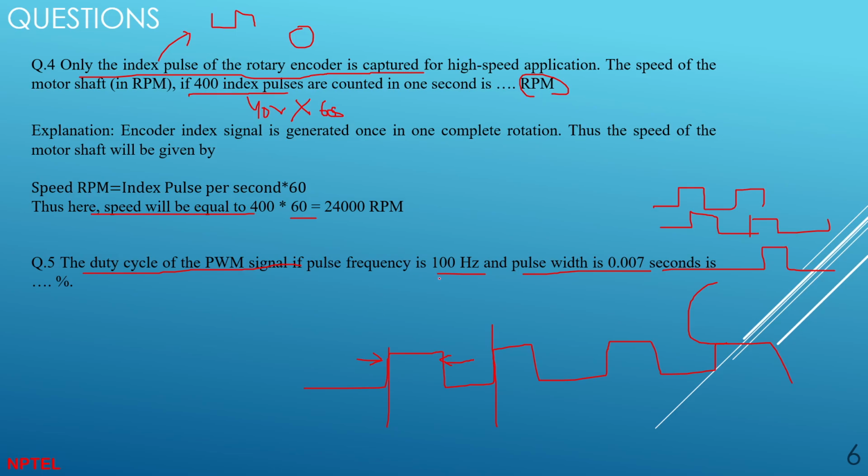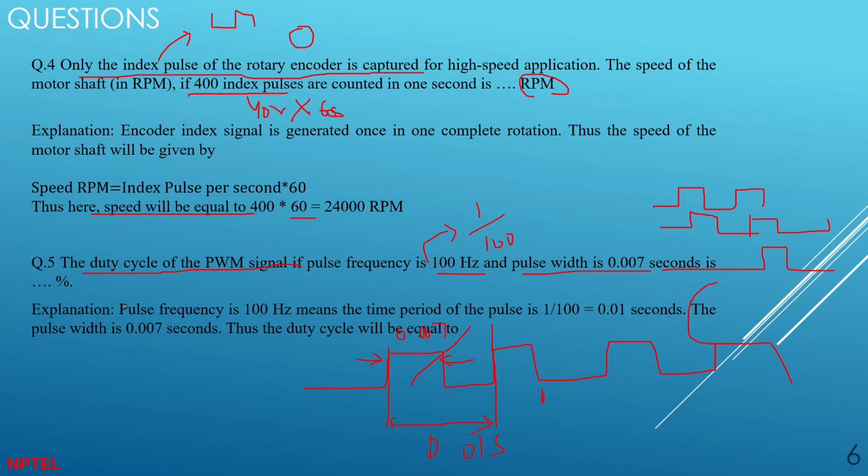When you take the reciprocal, you get the time period, which is 10 milliseconds, 0.01 second. The pulse width is given as 0.007. When you take the ratio, you get around 70%. This is how you get a 70% duty cycle.